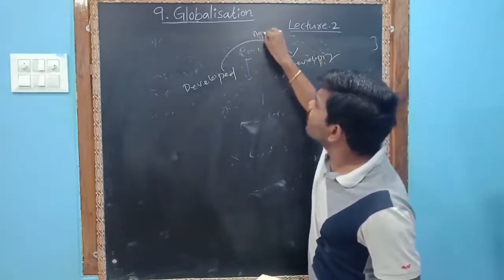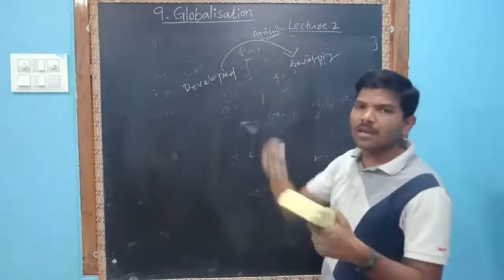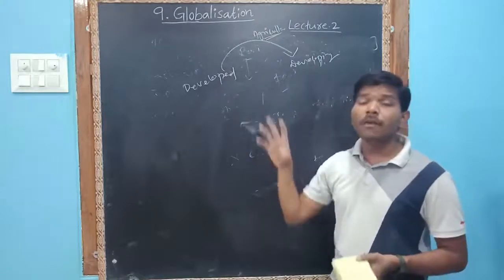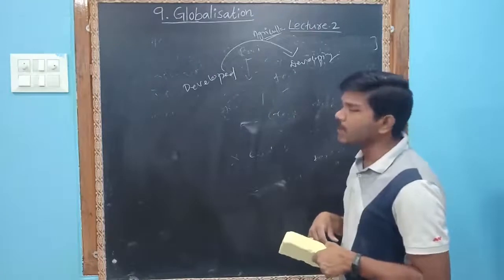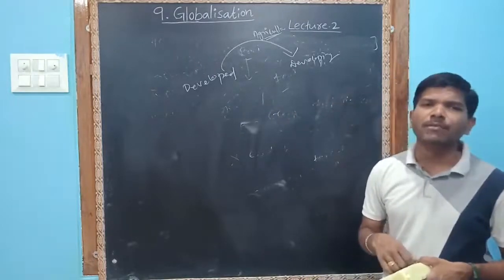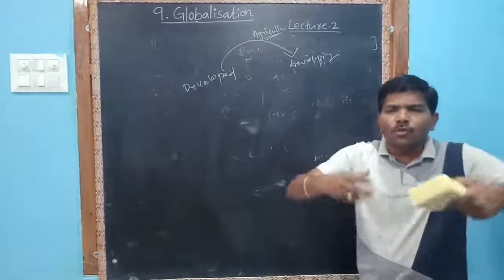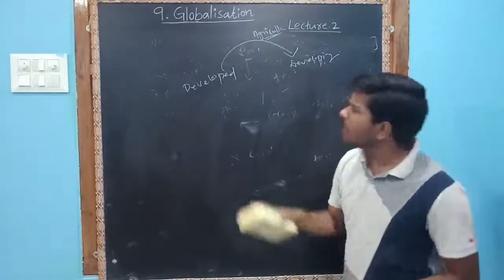For example, there was a conflict on agricultural products. Still a certain conflict is going on between the developed nations and developing nations, because developed nations force them to accept the rules and regulations made by the WTO. What is the WTO? The aim of the WTO is to liberalize international trade, because they want goods to move freely in the world.